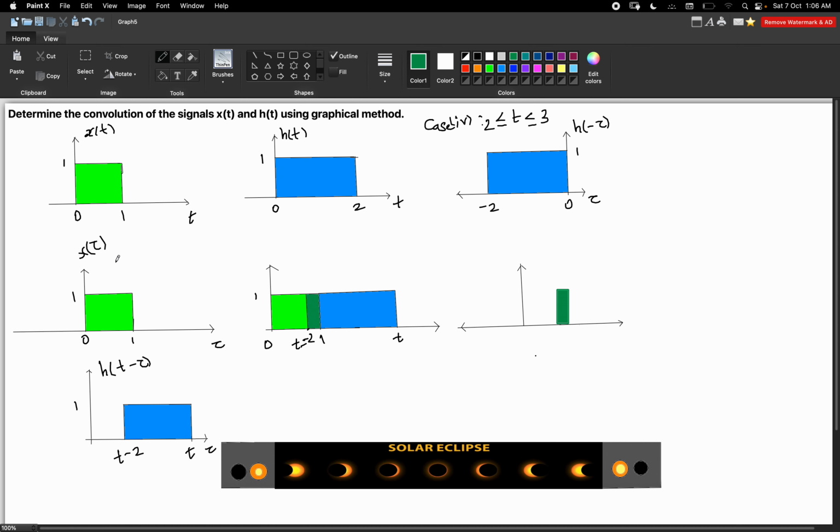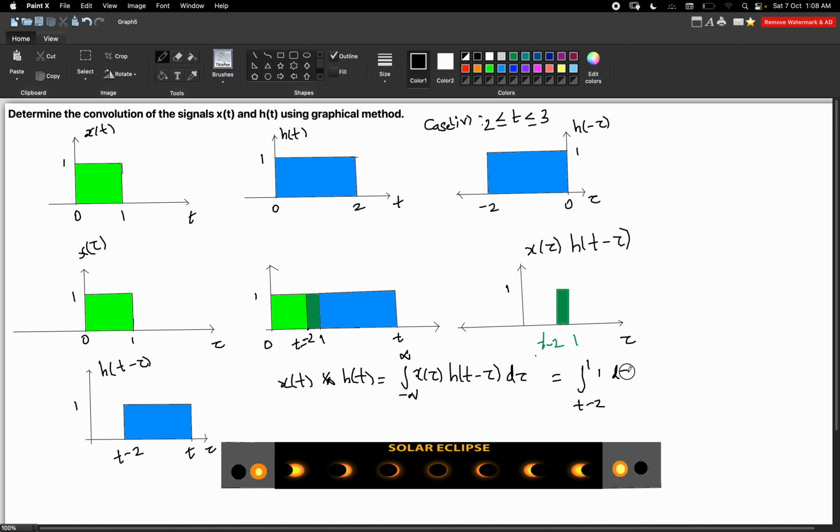And if you overlap x of tau and h of t minus tau, you can see the common region, which is dark green color. So here the starting point of this common region is t minus 2, and the ending point is 1. Since the amplitude of the common region is 1, we integrate 1 d tau.